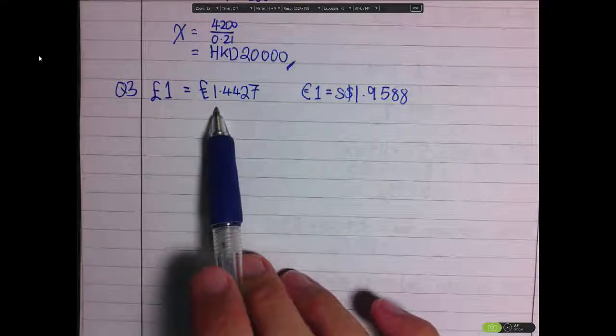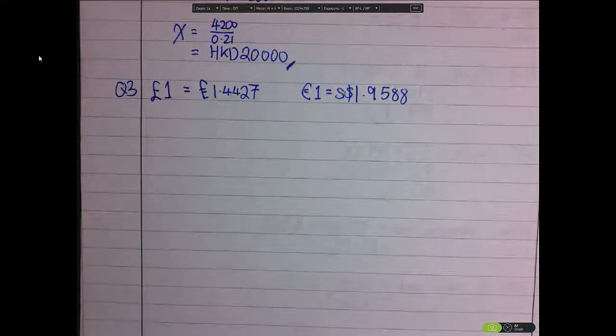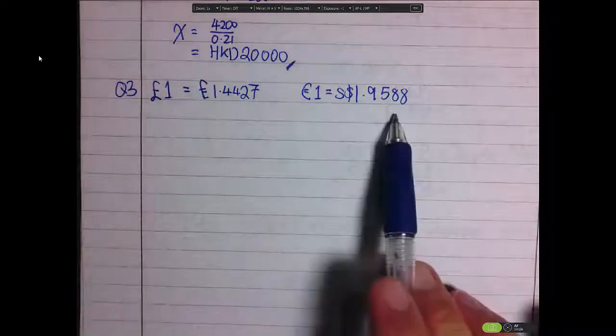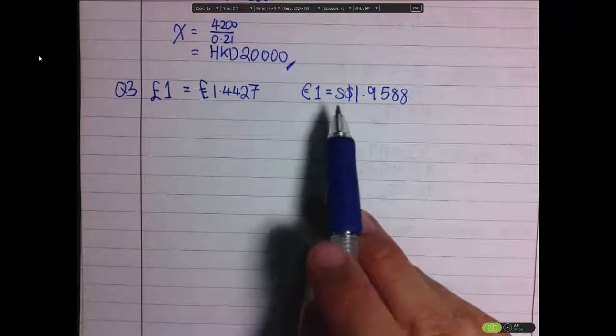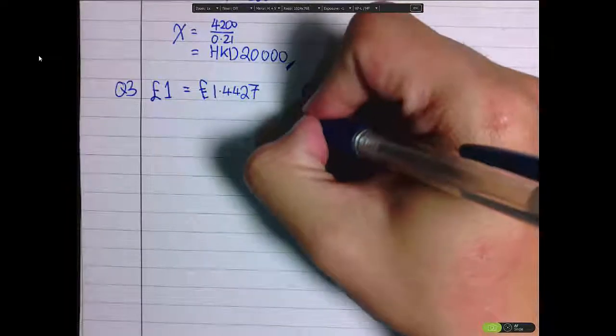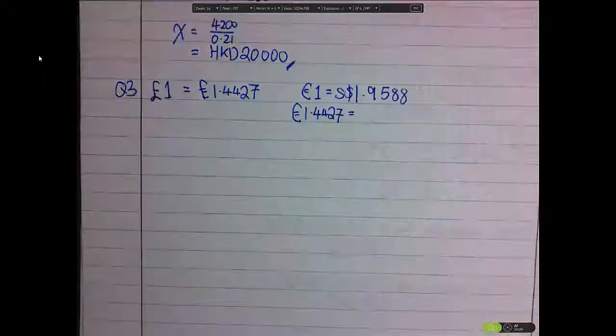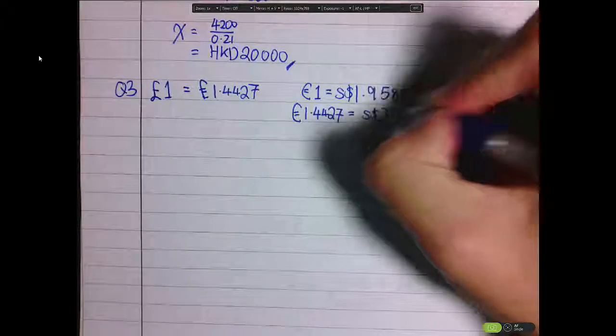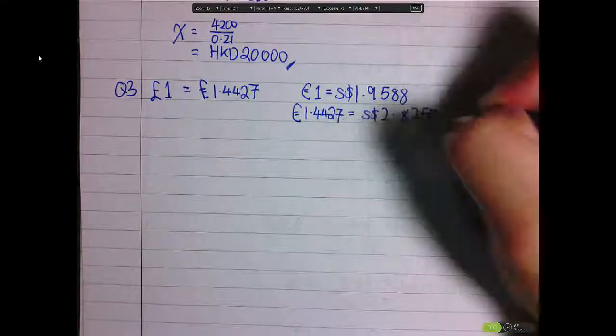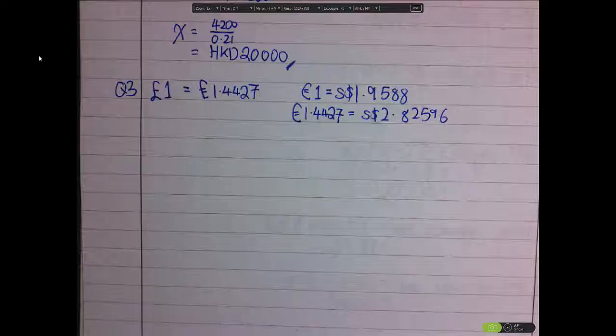So basically, the unifying currency in this case is the euro. Here 1.4427 euros is equal to 1 pound. What I'm hoping to find is how many Singapore dollars 1 pound is equal to. So I should work on this side first. For 1.4427 euros, how many Singapore dollars do I get? I take 1.9588 times 1.4427. I get 2.82596, which is my truncated value.